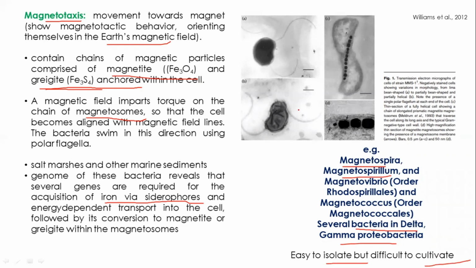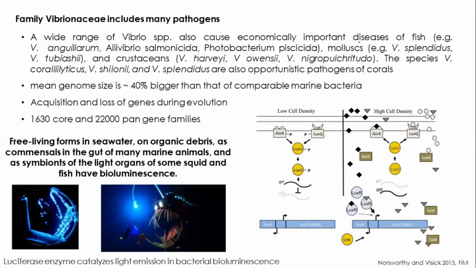You can see in this image how a magnetosome looks, where you have iron particles, not magnets, which align themselves according to the earth's magnetic field. So this is a special group of bacteria in the marine environment, right?